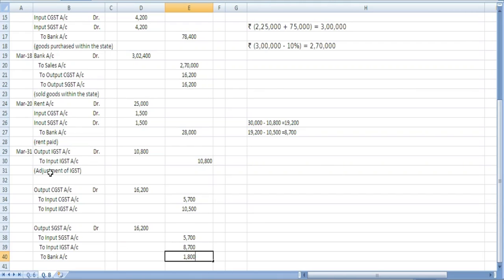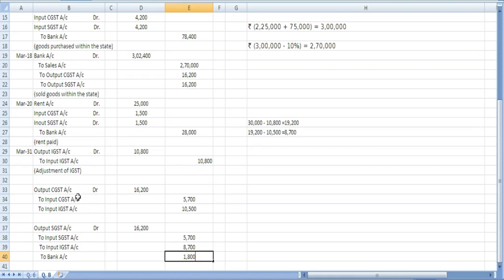Okay, so let us understand these three. 30,000 was input IGST, 10,800 was output IGST which we had collected. 30,000 was what we had paid, so we adjusted what we had collected, output with input. Now again we have to adjust the remaining amount, that is 19,200 with output CGST. But here the amount was not enough.